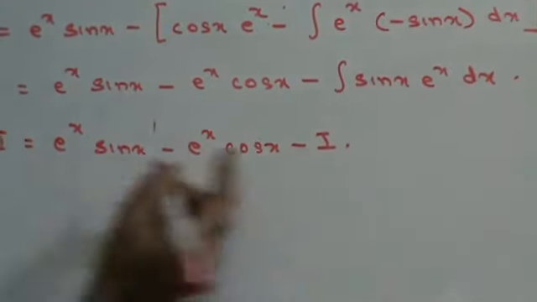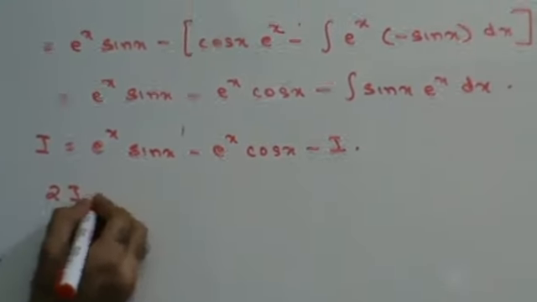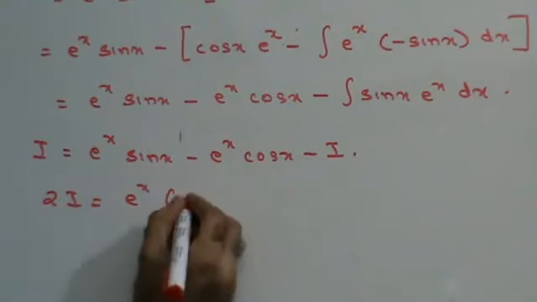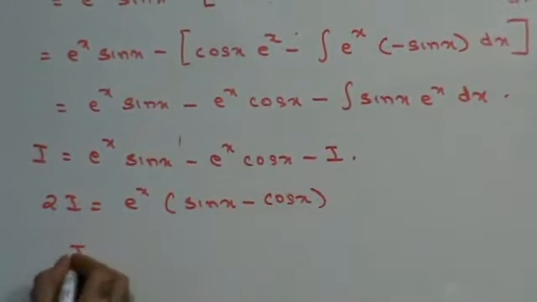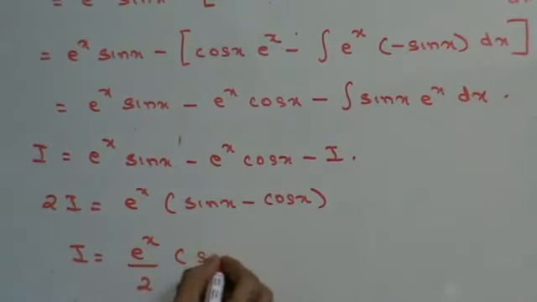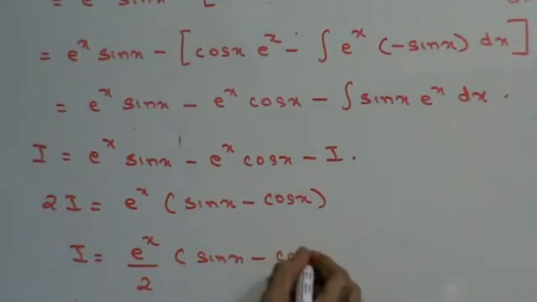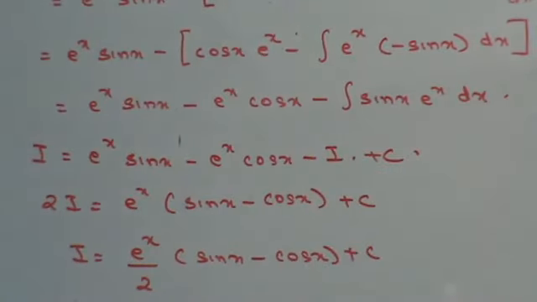When I shift this minus I to this side, it will become plus I. So you will get 2I is e raised to x into sin x minus cos x. I is e raised to x upon 2 into sin x minus cos x plus c. Fine, that will be your answer.